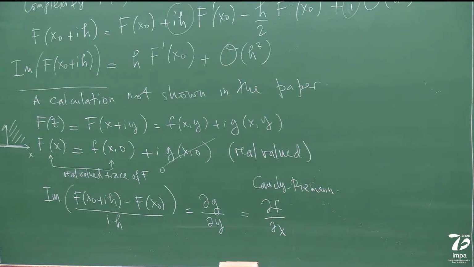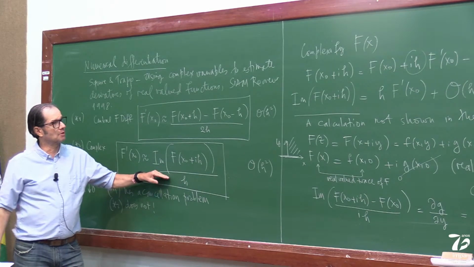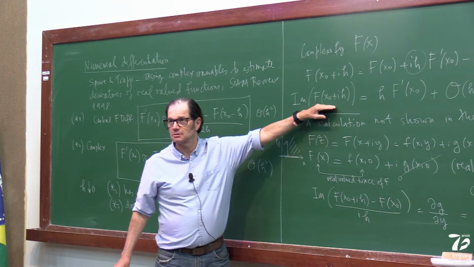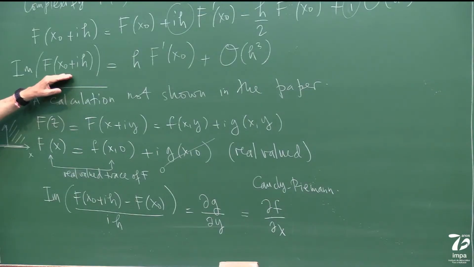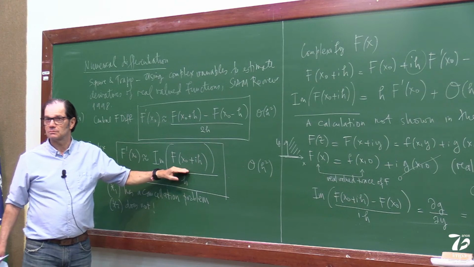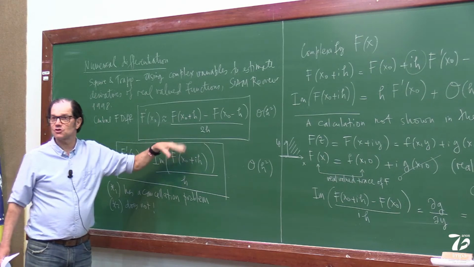So the thing I found very interesting, very cool, is that this formula, which we see in the paper, looks like a bizarre formula, right? The paper says this formula comes from the Taylor series expansion. It seems like a good formula because it has no cancellation, in the sense of 0 over 0. Then they compute this and show this.